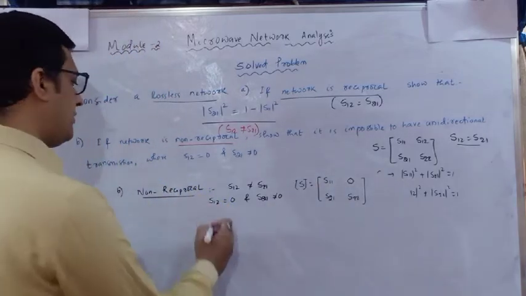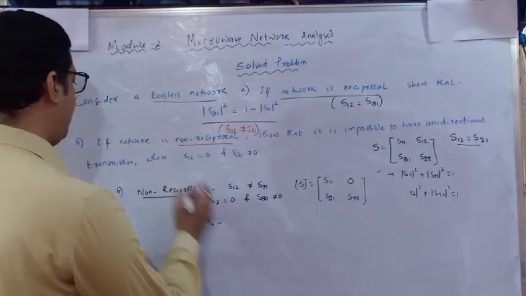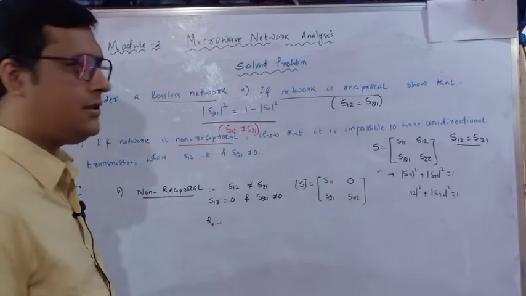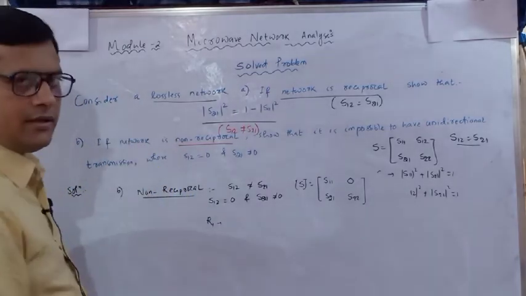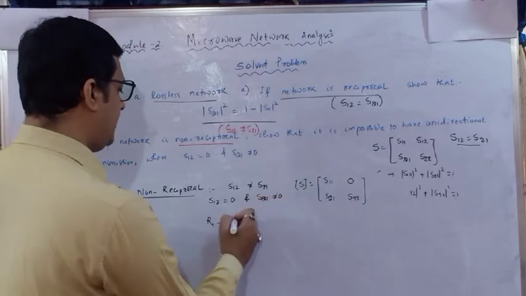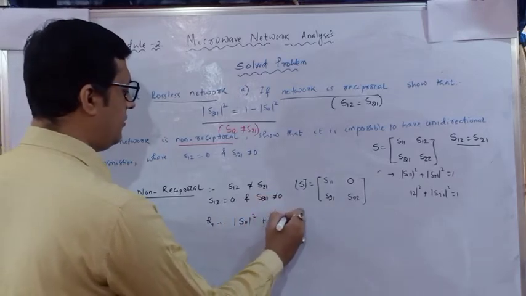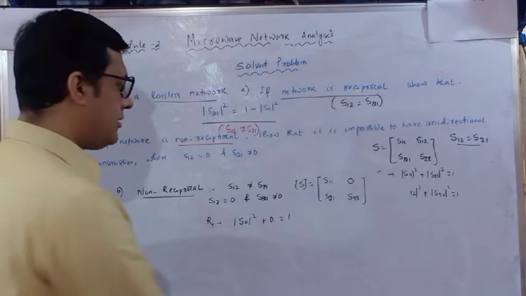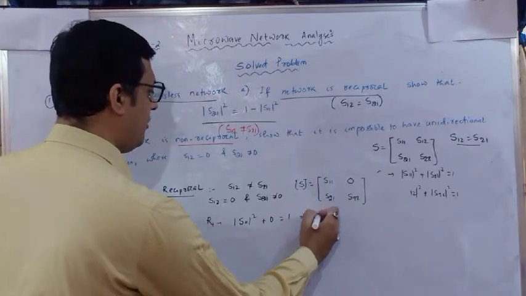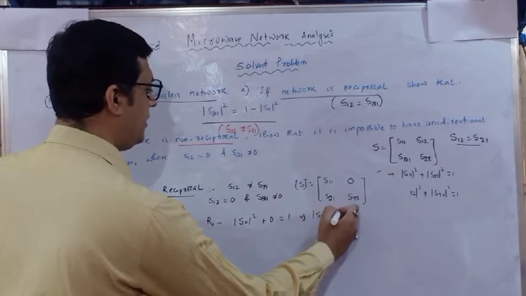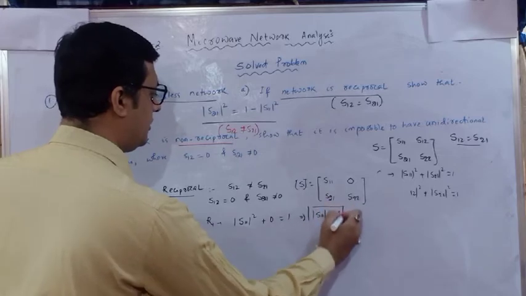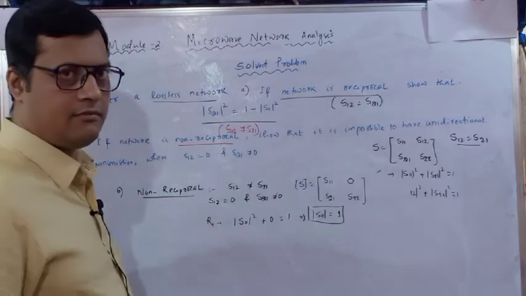So if I take row 1, and for this question it is also lossless in nature, because it is a common question. If it is lossless, then mod S11 square plus 0 is equal to 1. So that means mod of S11 is equal to 1. Here I have got one relation.